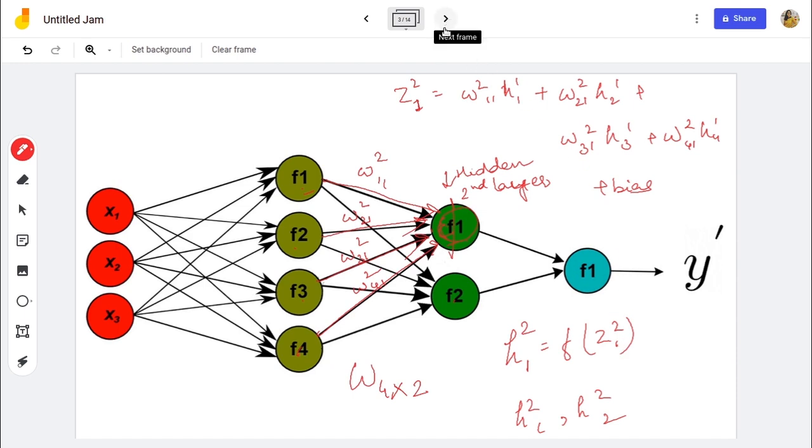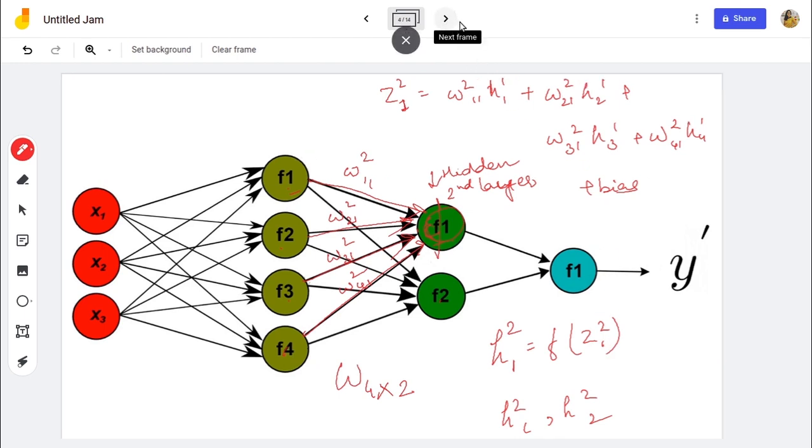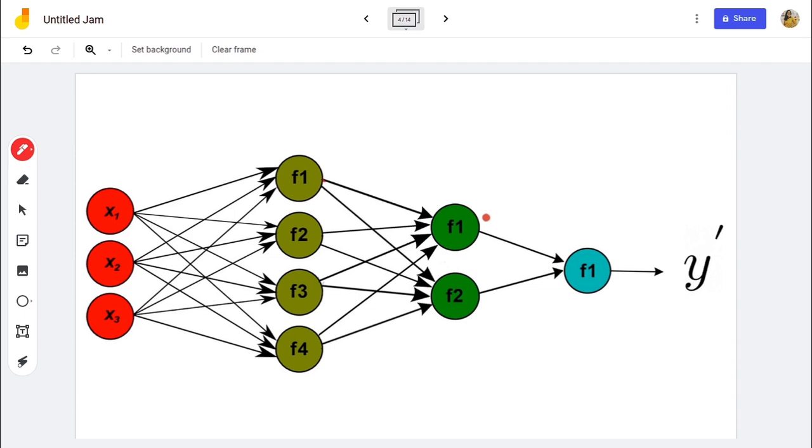Okay, now the final part. So we have two outputs here. So this is H21, this is H22. You have passing them here. What will be the weights? First node going into the first one, 1, 1. Now the third layer. This is the final output layer. Then here W, 2, 1 for the third layer, right?